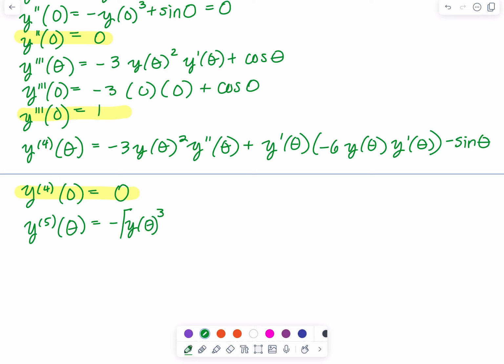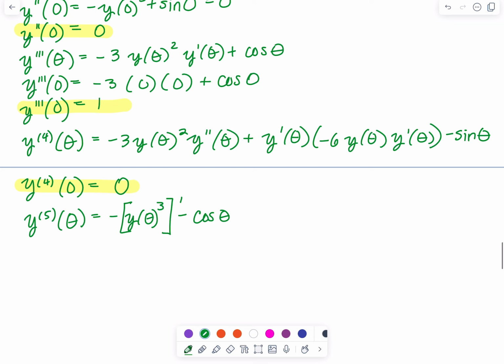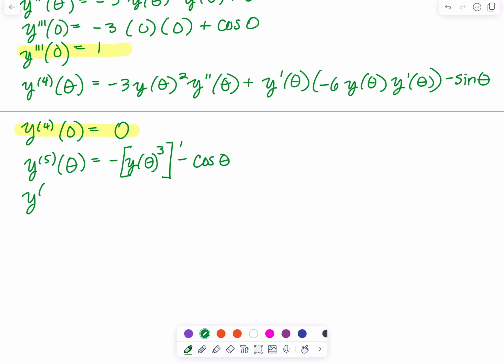And we were taking that derivative, minus the cosine of theta. So we do see a little bit of a pattern here. And I guess the pattern is that the sixth derivative evaluated at theta is going to be equal to the opposite of y of theta cubed.